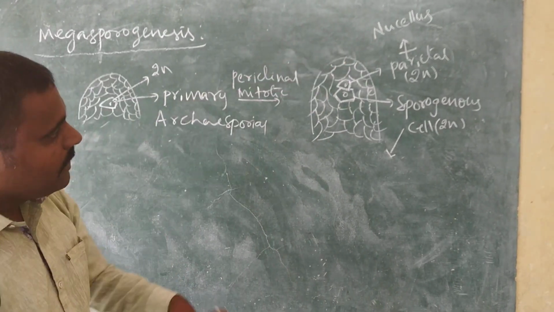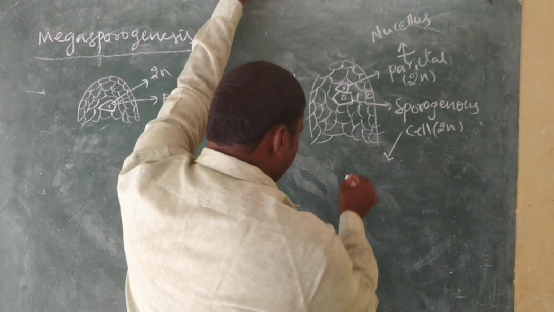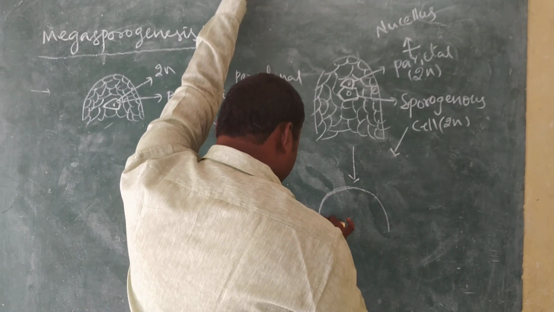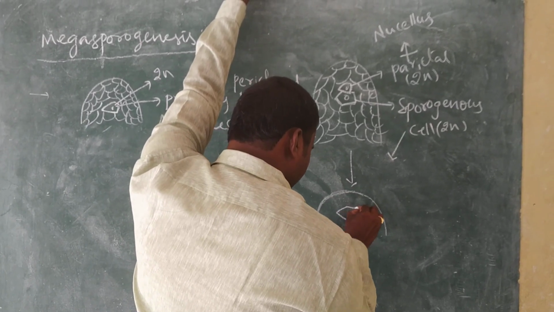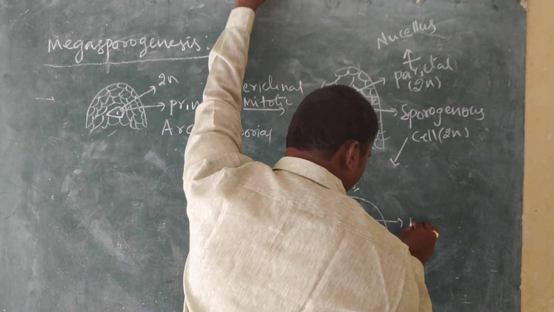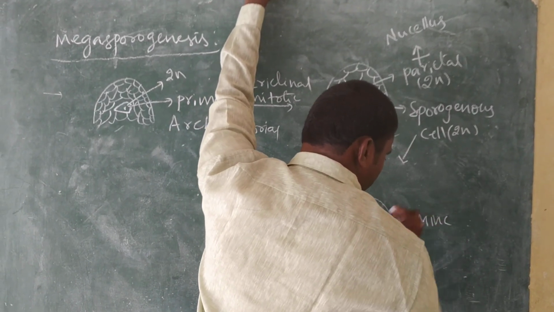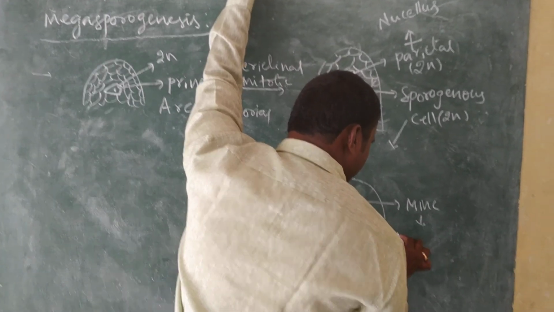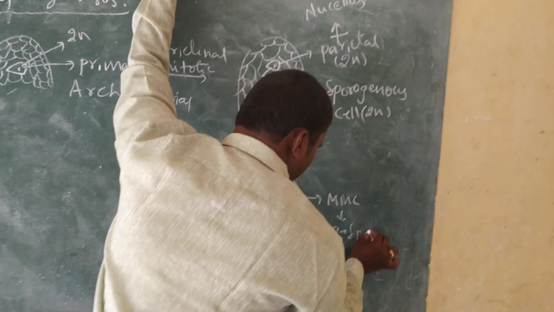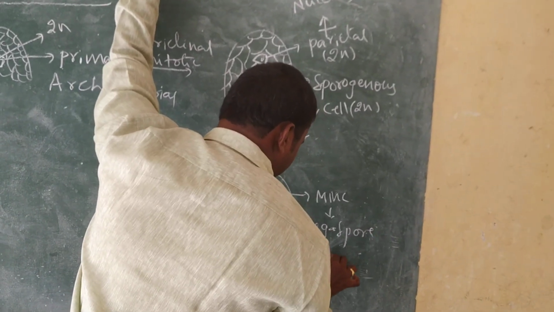The sporogenous cell develops into the MMC. What is this MMC? MMC is nothing but the megaspore mother cell.